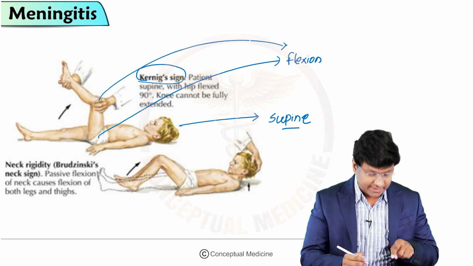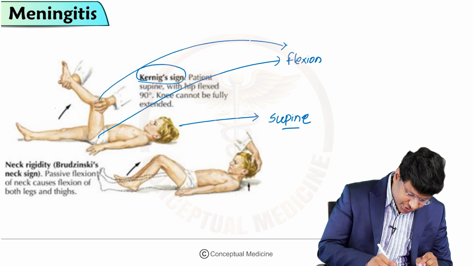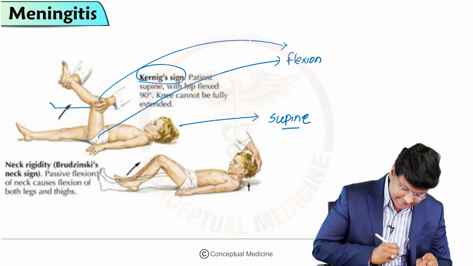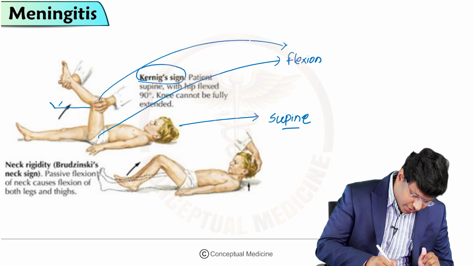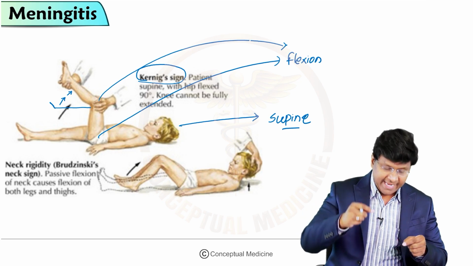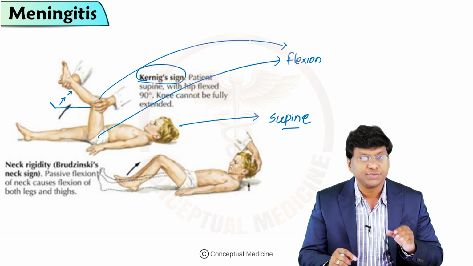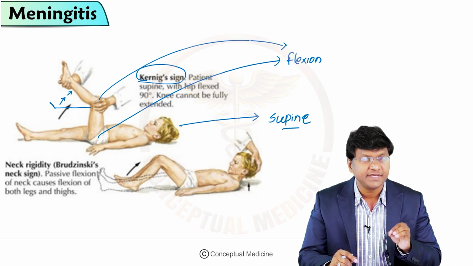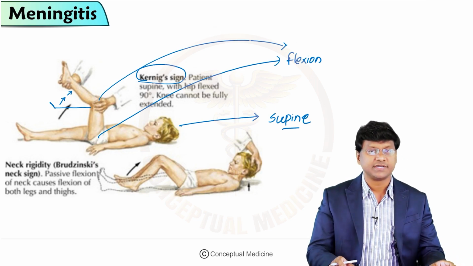Both hip and knee, keep it in a flexed position, and from the flexed position of the knee, you slowly try to do the passive extension of the knee. And when you are doing the passive extension of the knee, you will have severe tenderness in the back of the spine, you will have severe pain in the back. That is what is your Kernig sign.